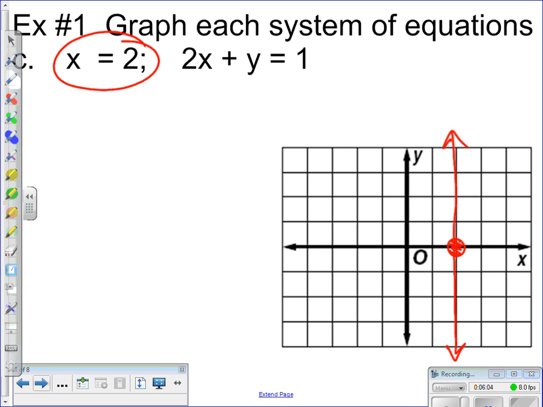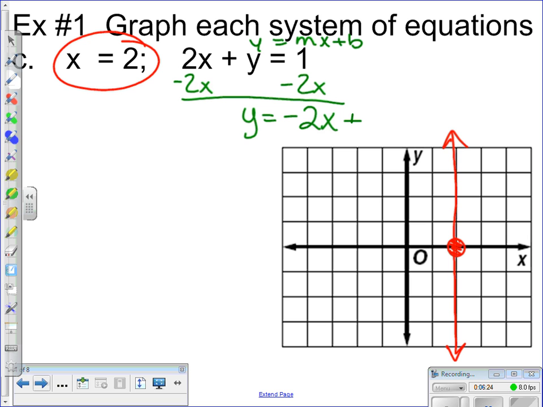Second equation, you notice this is in standard form. This is not y equals mx plus b. So what I can do is move the 2x to the other side by subtracting. And the resulting equation will be y equals negative 2x plus 1.